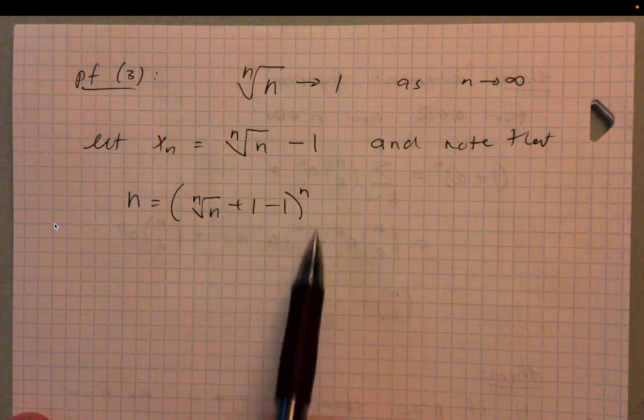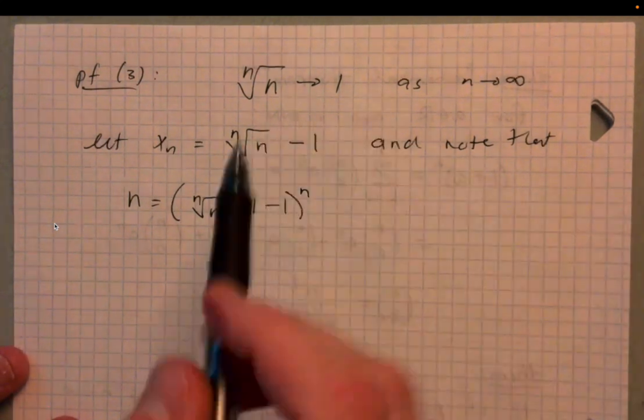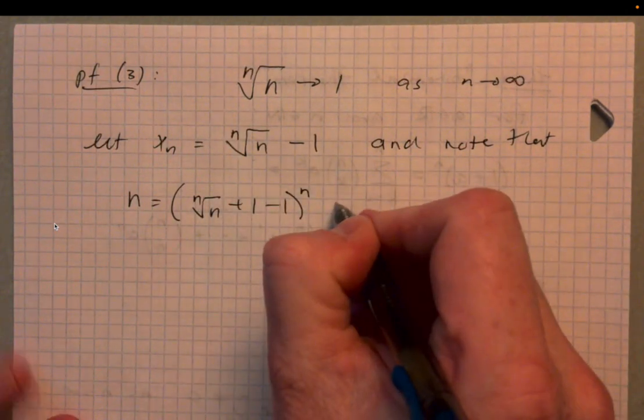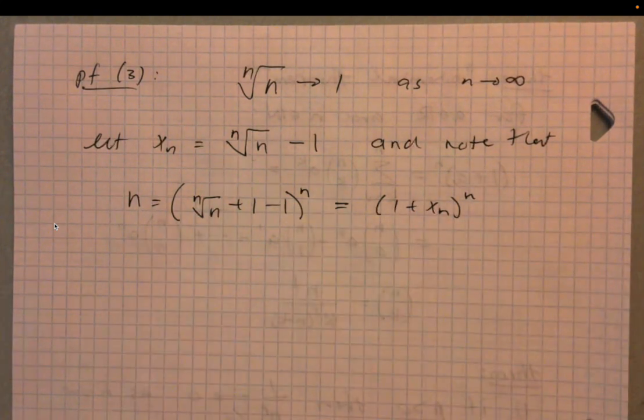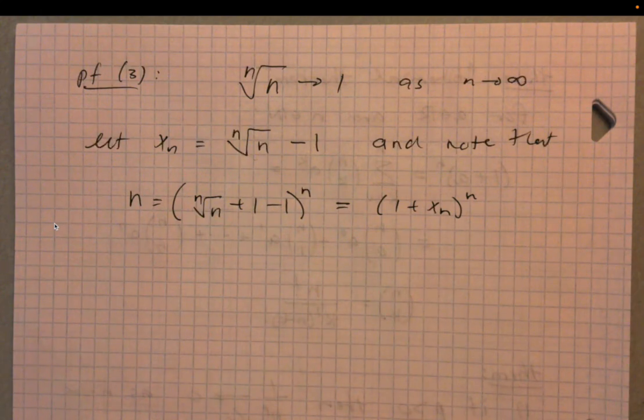So this is clearly true. If x_n is the nth root of n minus 1, then this is equal to 1 plus x_n, to the n. So you can see that's all equal to n.